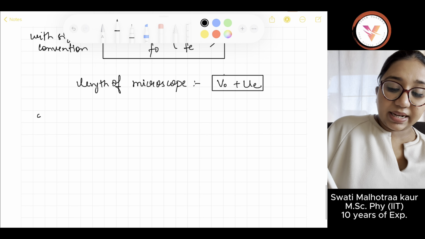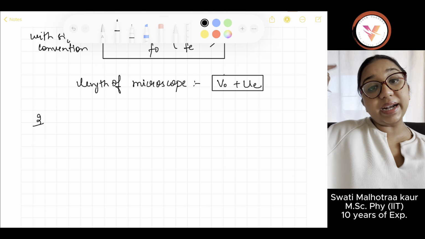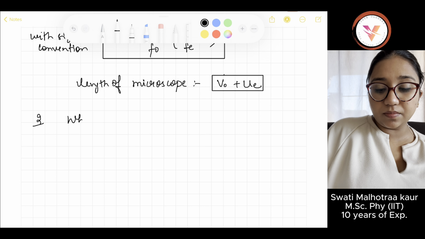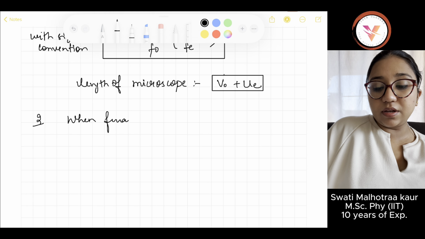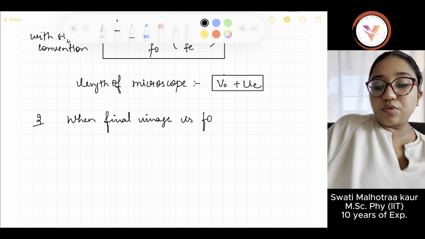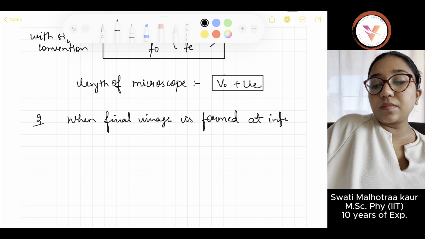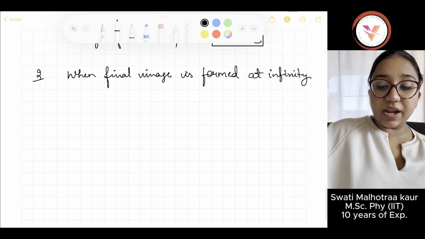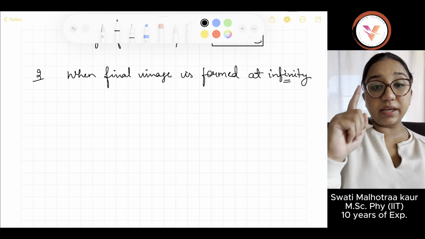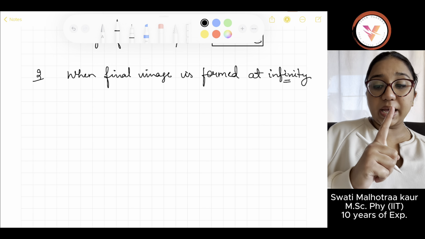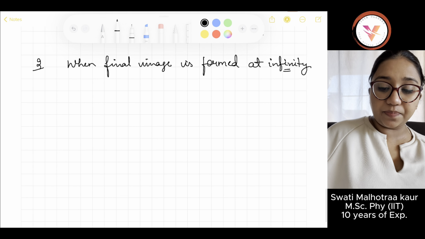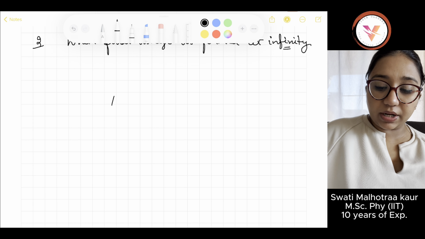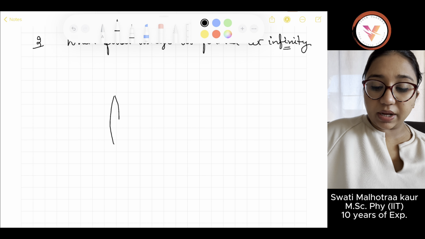Okay, the second thing is when the final image is formed at infinity. So if the final image is formed at infinity, then the object for the eyepiece should be at its focus. So you have to draw the ray diagram accordingly.